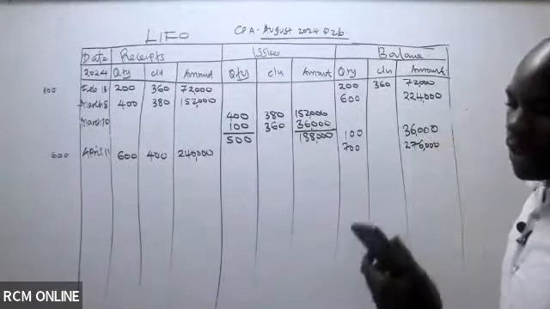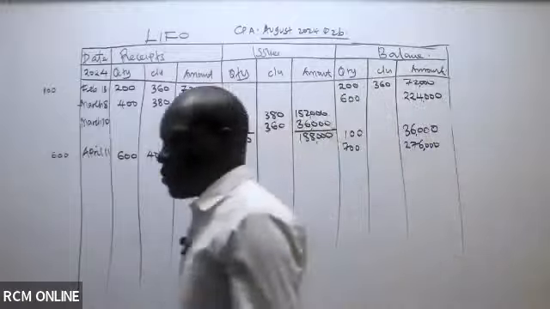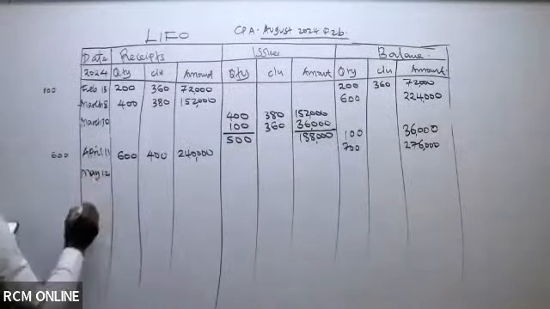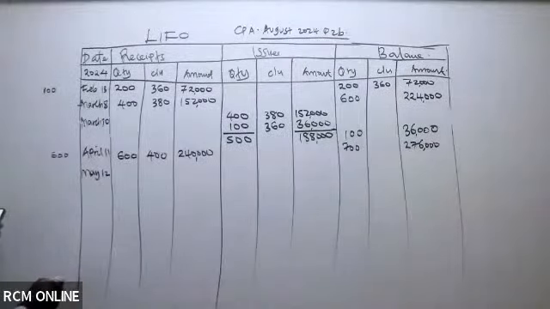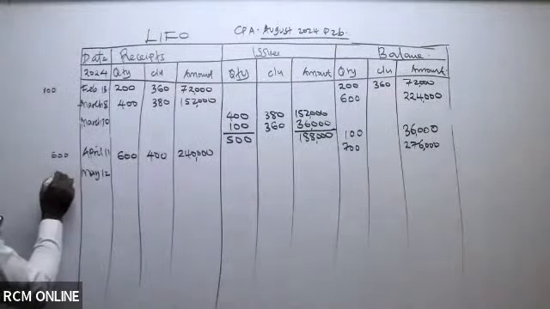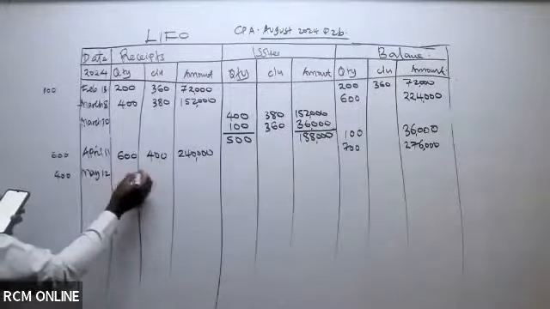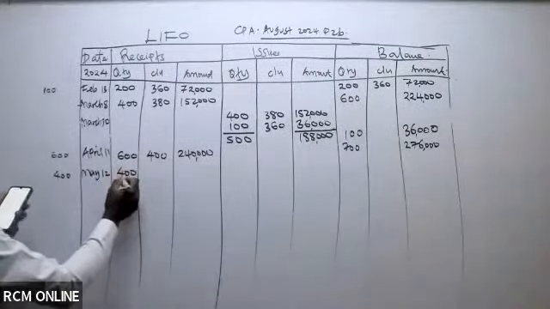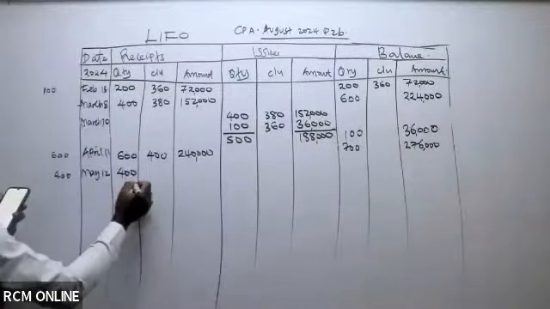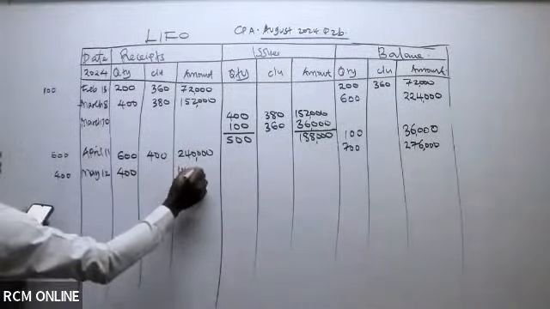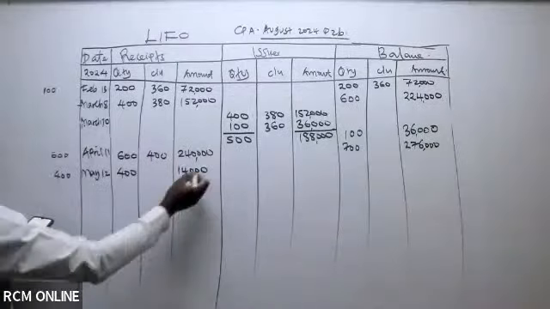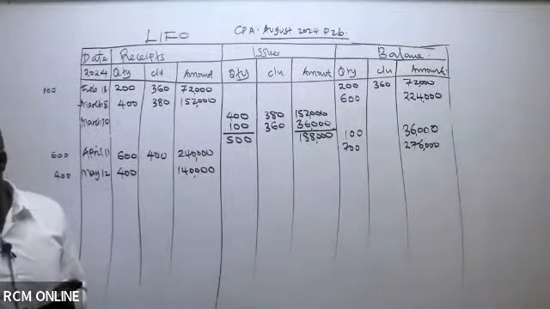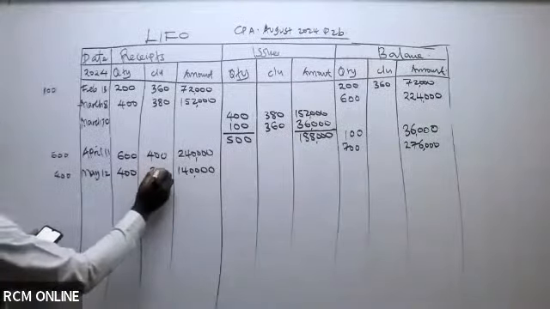Good. What happened? Next date, we have 12th May, right? So we have 12th of May. Something happened. They received 400 units. So we bring 400 here. Then 400 units were received and their value is 140,000. What is the cost per unit here? 350.